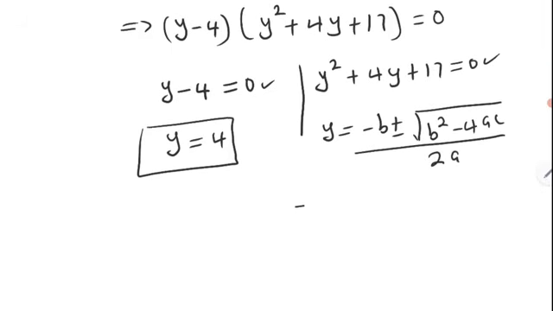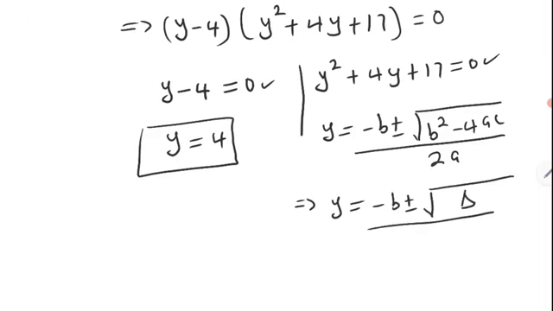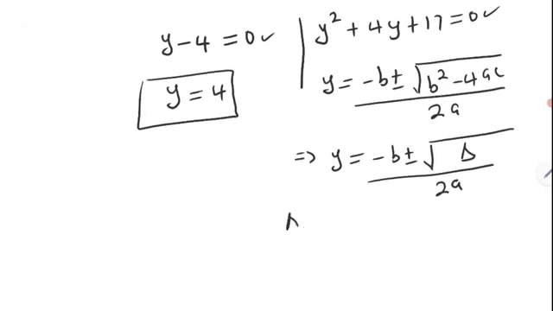And this is the same thing as y is equal to minus b plus or minus square root of d over 2a, and discriminant d is equal to b square minus 4ac.